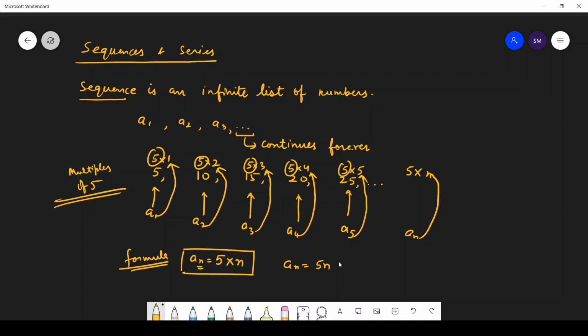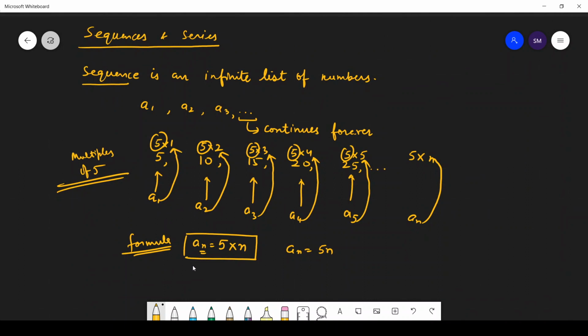Now one more formula that you are talking about is the recursive formula: if we know the previous term, how can we find the next term? Suppose this is the previous term, and you can find the next term by adding 5 to it.